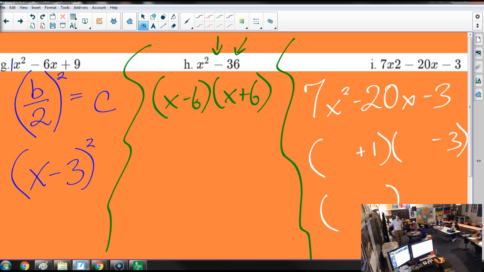So we would actually set up a few options and say, one of these has to be true to make the -3, because when you think through FOIL, this comes from your last.